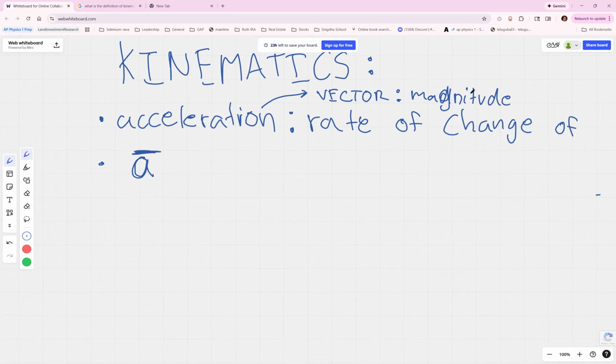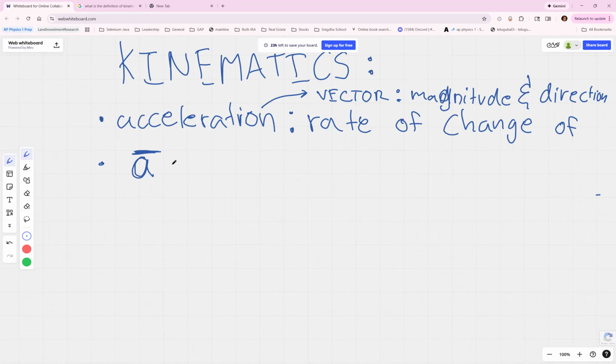A scalar, as we discussed before, has only magnitude, but a vector has magnitude and direction. That's really important to remember because you might get a few questions asking you whether acceleration is a vector or scalar, and you'll get similar kinds of questions for previous definitions that we reviewed, which are velocity, distance, and displacement, but we'll go over that briefly just to summarize at the end of the video.